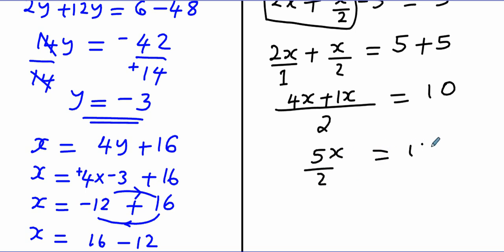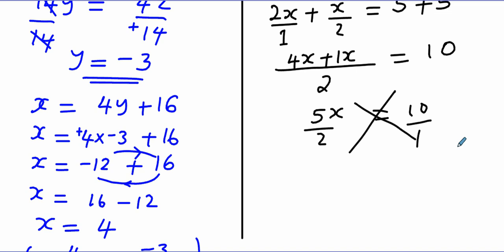This equals 10. Now, how do we move from here? There are so many ways to move from here, but we prefer to put this number over 1 and then cross multiply. My students love the concept of cross multiplication. So 5x times 1 is 5x.